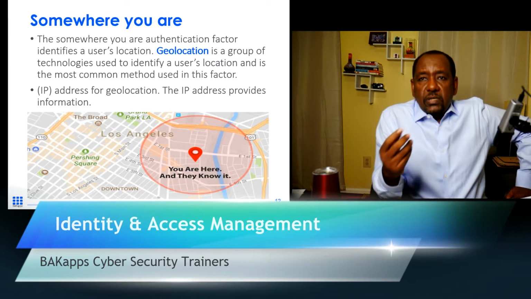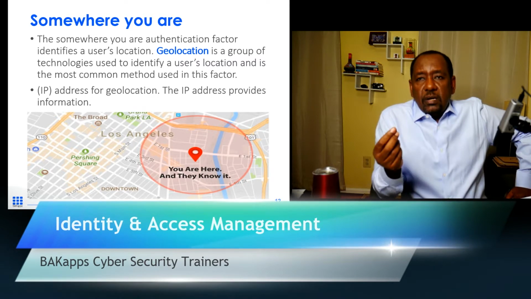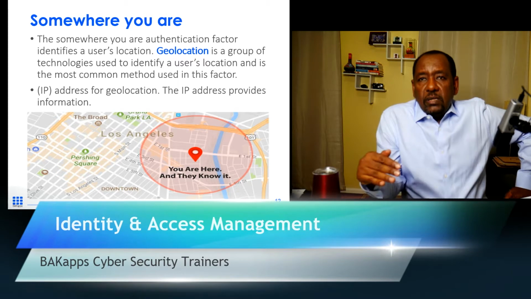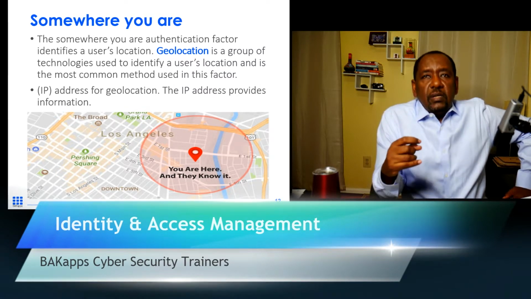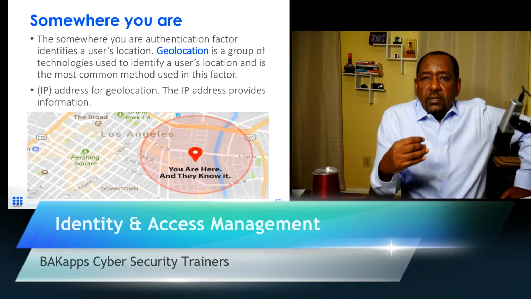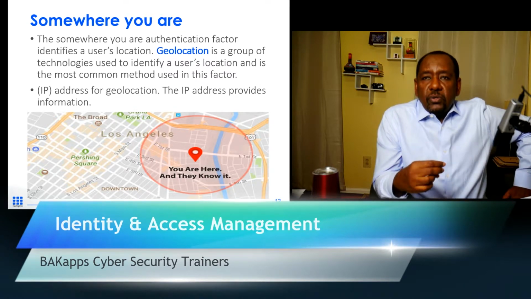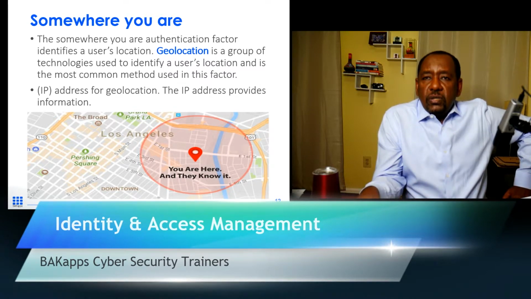If it is coming from China, it tells you, oh, this is from an IP address located in China. He's not allowed to get into this system, and you will not be authenticated. So this is getting very popular. It gives more security. So somewhere you are is also one of the authentication factors.